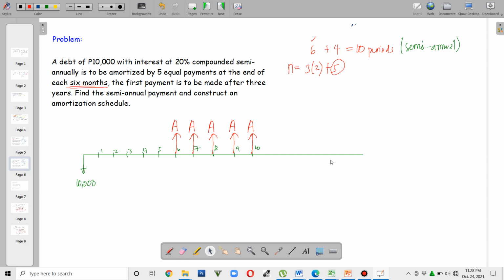Okay? So, by the way, this cash flow is on the perspective of the lender, no? Kasi sa lender, siya yung unang nagpalabas ng 10,000. Then, after the 6th period, siya naman yung babayaran up to 5 equal payments consecutive with uniform interval of 6 months, ano?